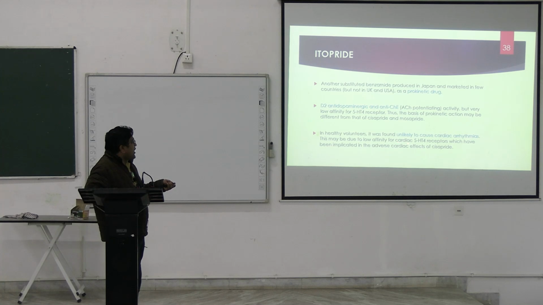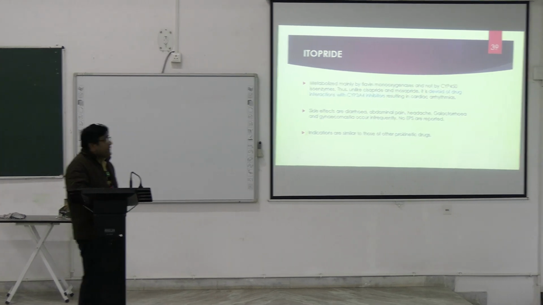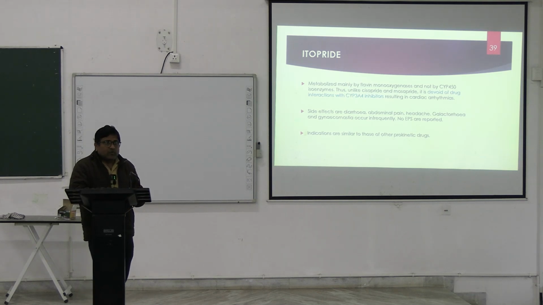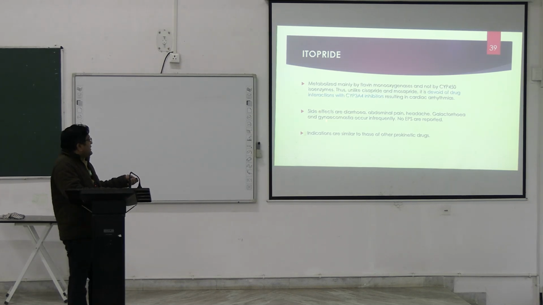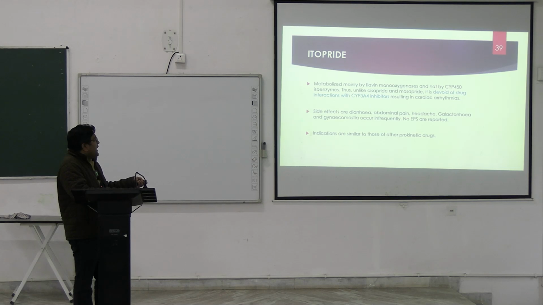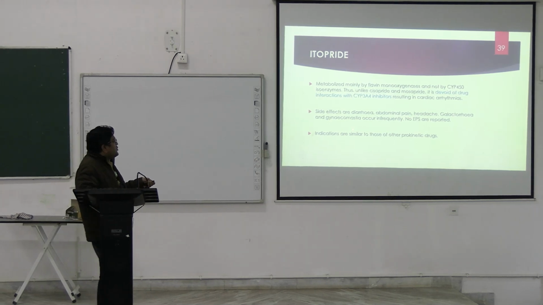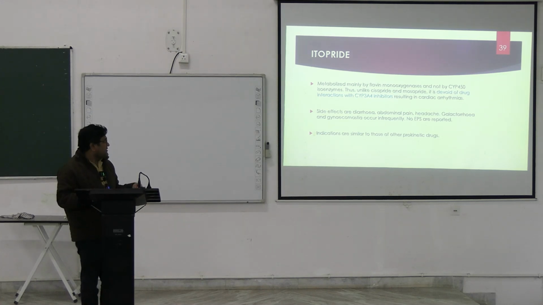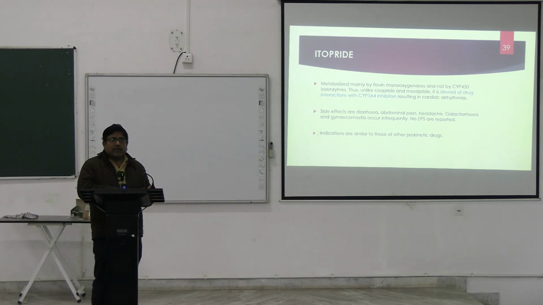This may be due to low affinity for cardiac 5-HT4 receptors. Metabolized by flavin monooxygenase, so their concentration is not increased by taking CYP3A4 inhibitors. Okay. Side effects are diarrhea, abdominal pain, headache, galactorrhea and gynecomastia occur infrequently. No extrapyramidal side effects are seen. Indications are similar to those of other prokinetic drugs.